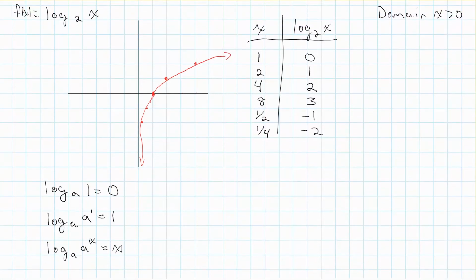Now let's look at one more graph. Let's also graph g of x equals log base 3 of x. I'm not going to create the table here, but you could if you wanted to. So it's going to be 0 at 1. And then at 3, it's going to be 1. And then at 9 is where it's going to be 2. So let's see here, 1, 2, 3, 4, 5, 6, 7, 8, 9.